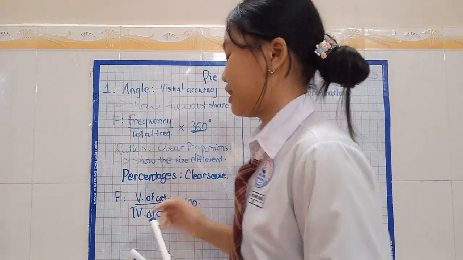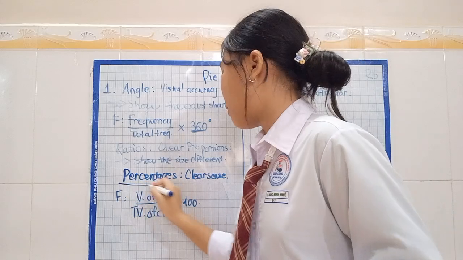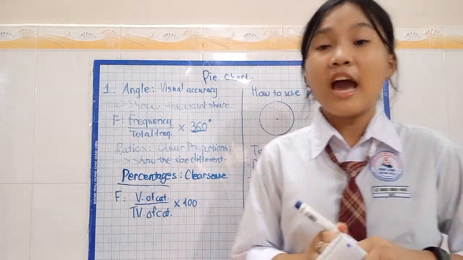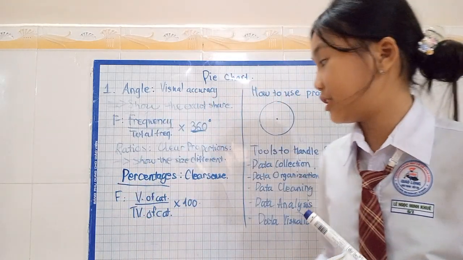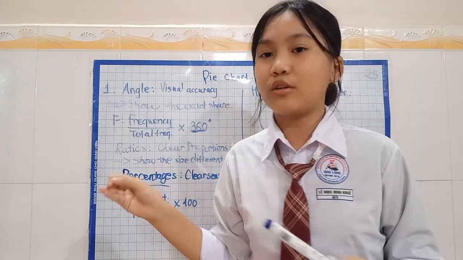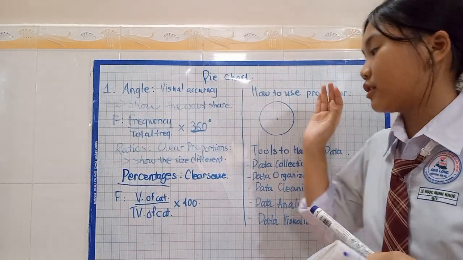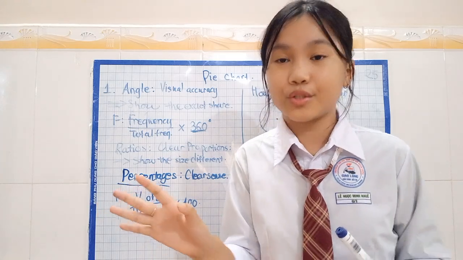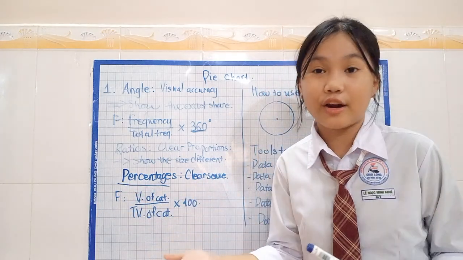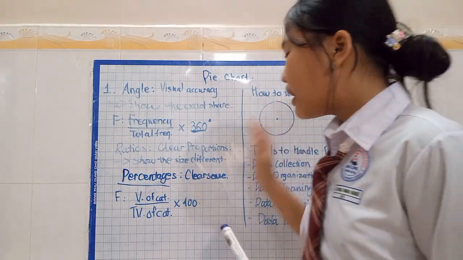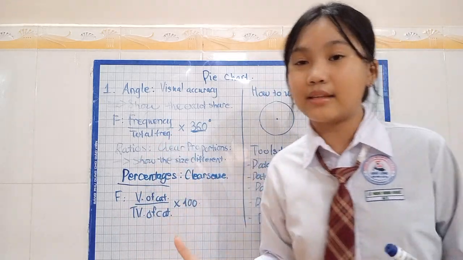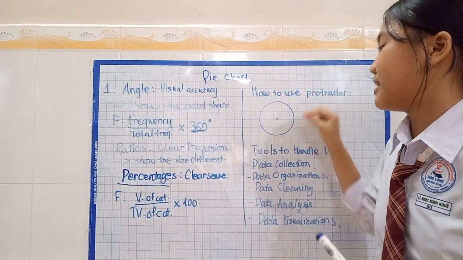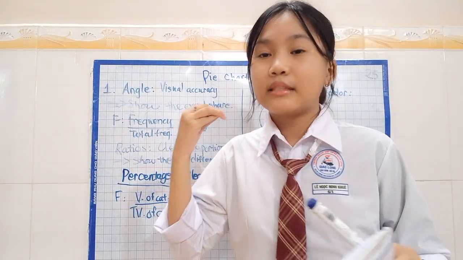Next, on percentages. This is basically the most important thing in pie charts, because pie charts work with percentages. Every single slice in your pie chart needs a percentage to show it. So it's really, really crucial, and if you don't have it, there's no pie chart at all. There's no information. It helps you get a clear sense of the percentage of the frequency of that thing in that topic.